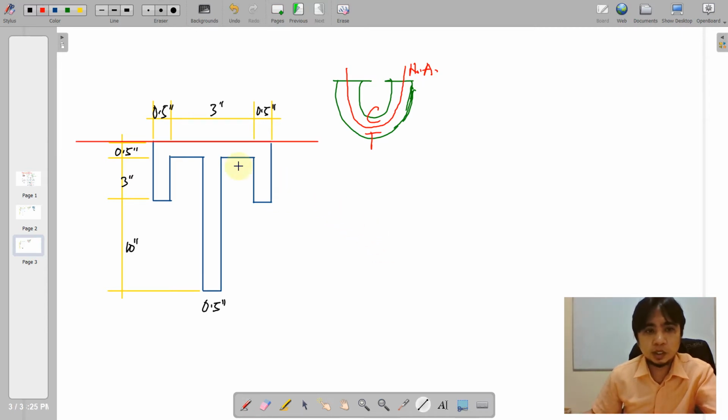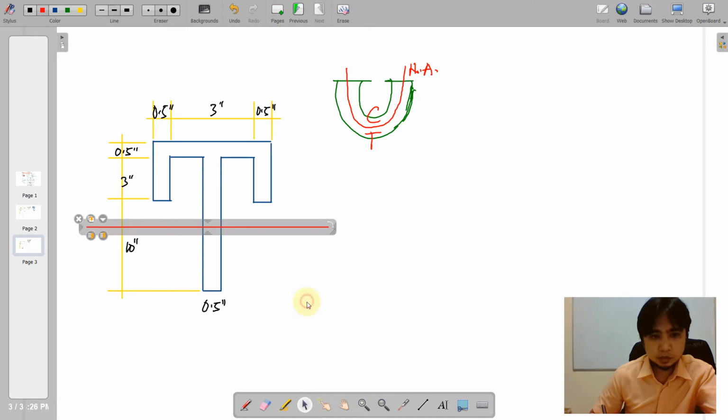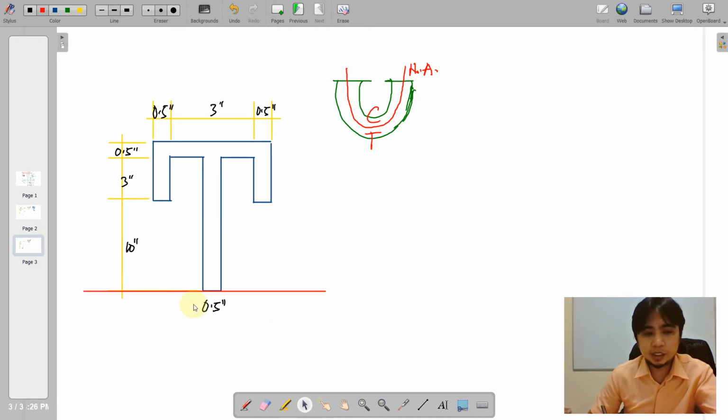You can either consider the topmost fiber as your reference or the bottom fiber as your reference, or anywhere in the beam. In this case, I'll just consider the bottom fiber as my reference to measure where is the y-bar.